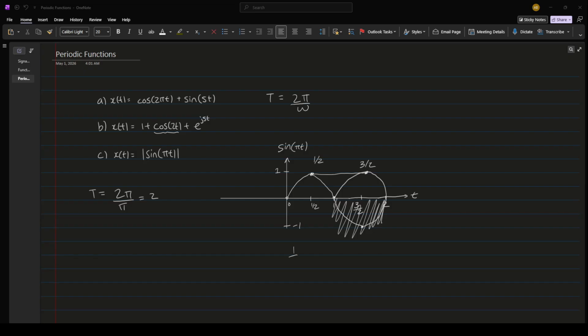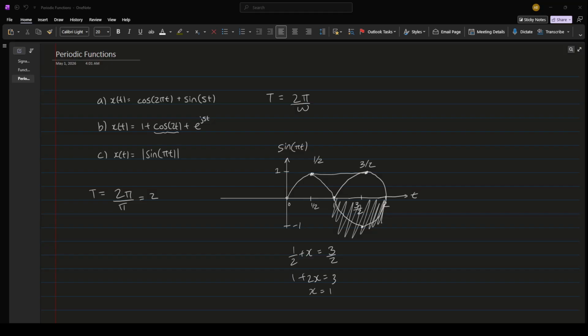And the way you get from 1 over 2 to 3 over 2 is 1 over 2 plus x equals 3 over 2. So if we do times 2, we get 1 plus 2x equals 3. And x is equal to 2 over 2, which is 1. So the period is actually going to be equal to 1 in this case.